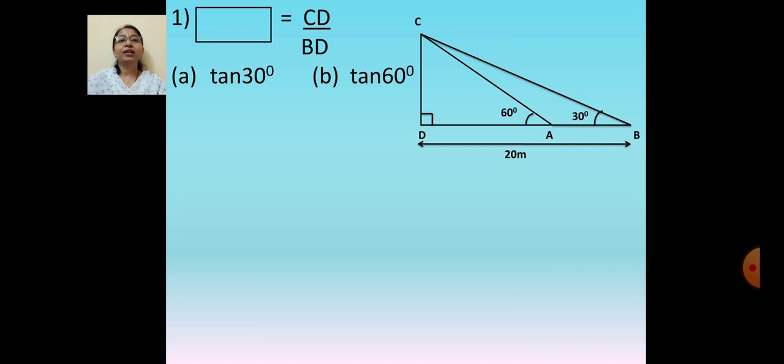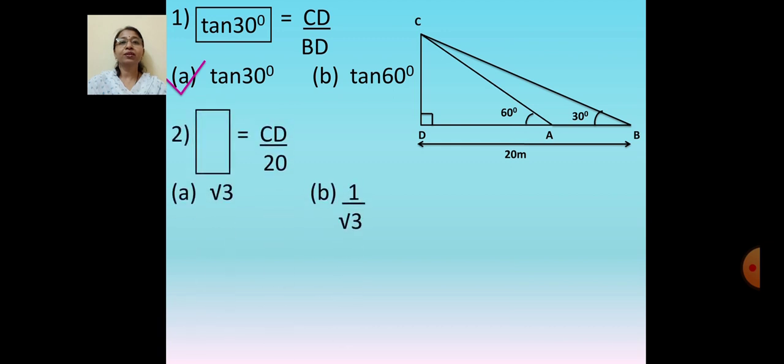From the diagram, you just give me the answer. Box is equal to CD upon BD. CD, opposite side upon adjacent side of which angle? Of angle 30 degrees. So this is which trigonometric ratio? Opposite upon adjacent, tan of 30 degrees. So the correct option is tan 30.